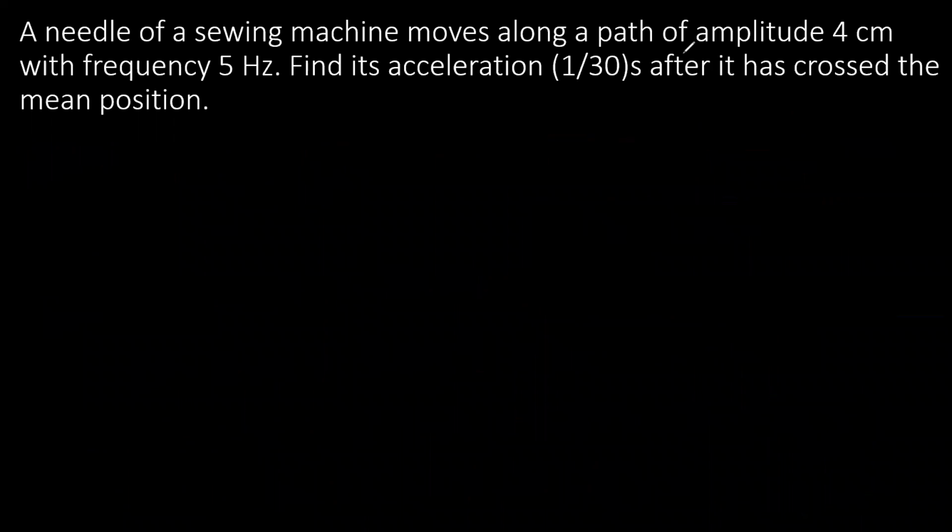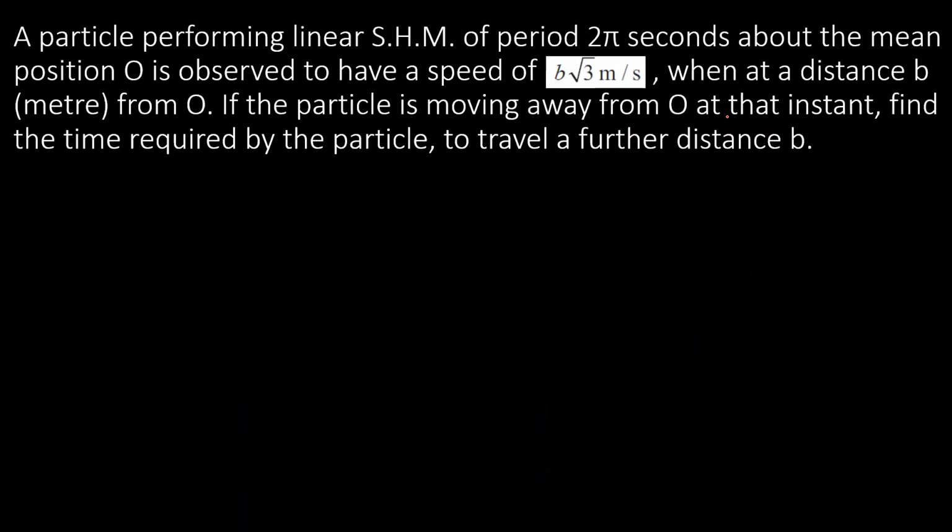So let's move to the next one. A particle is performing a linear simple harmonic motion of period 2 pi seconds. So here the time period is given. It is 2 pi seconds.